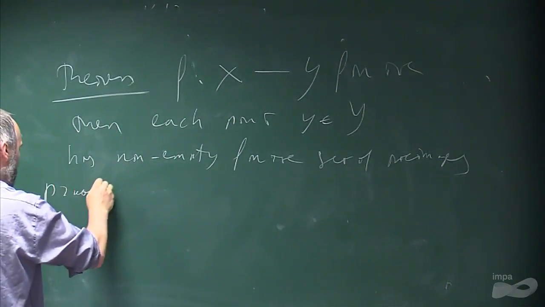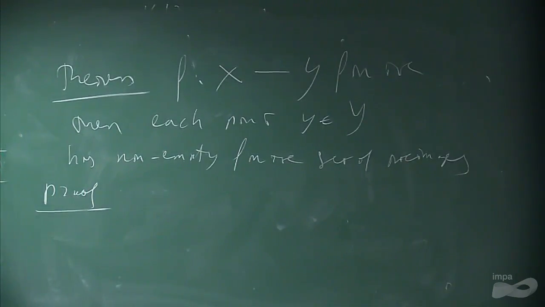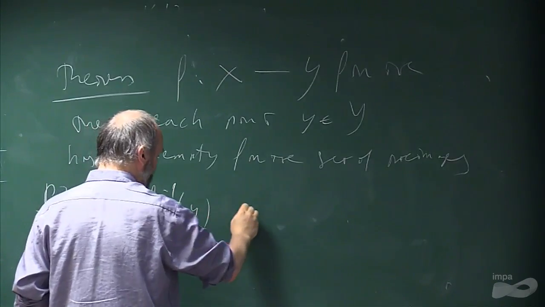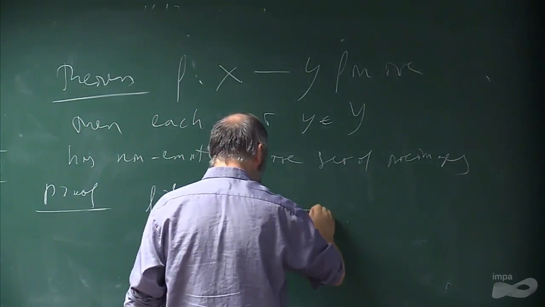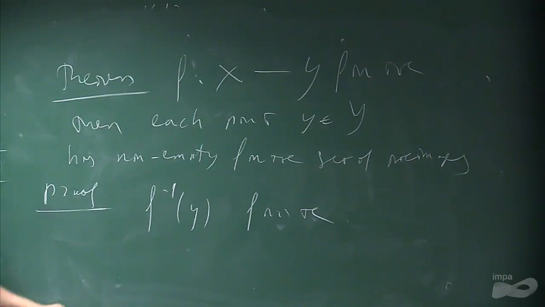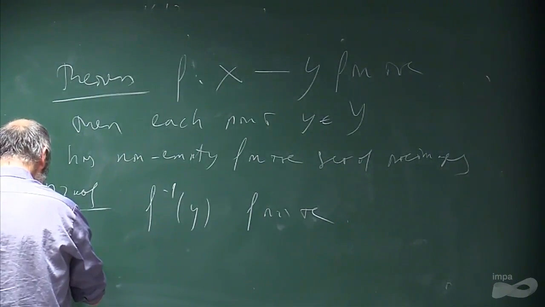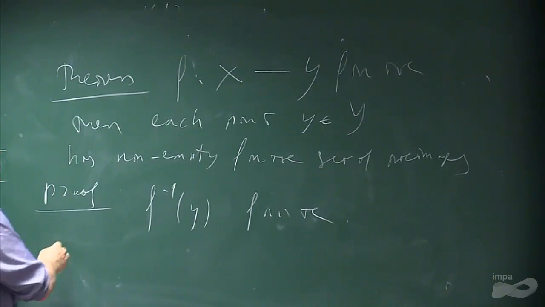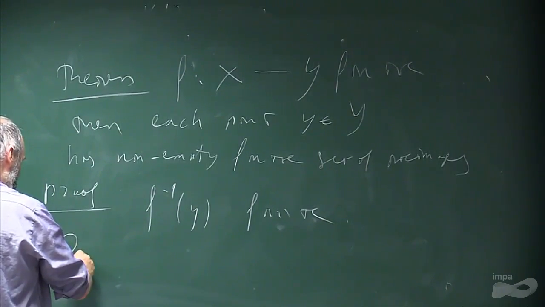Proof. Okay, we need to prove that f minus 1 of y small is finite. But we already proved what f minus 1 of y is.